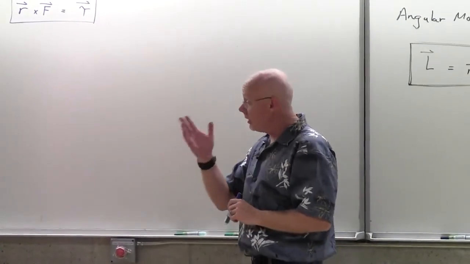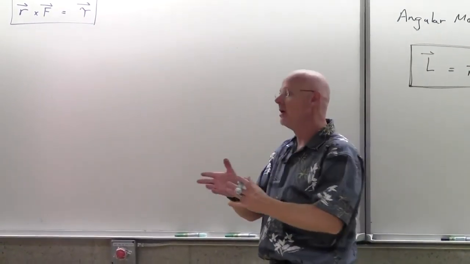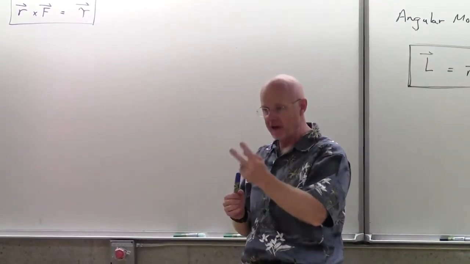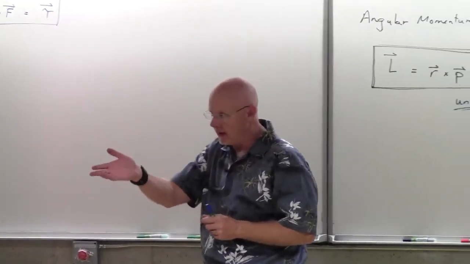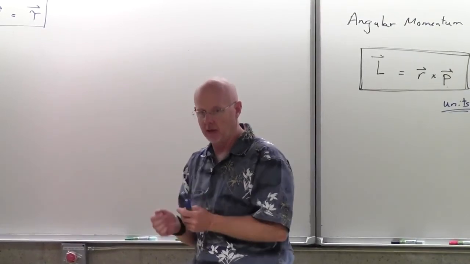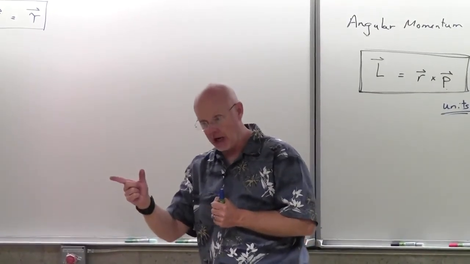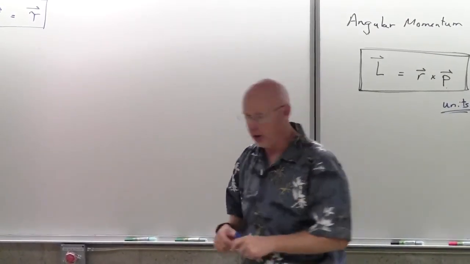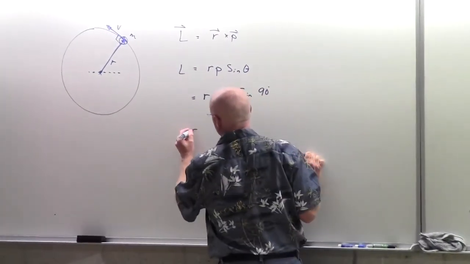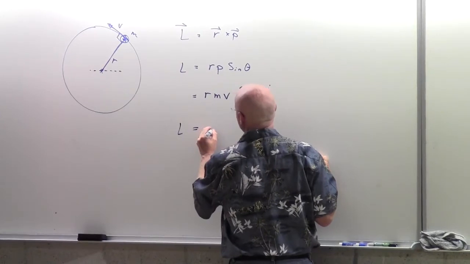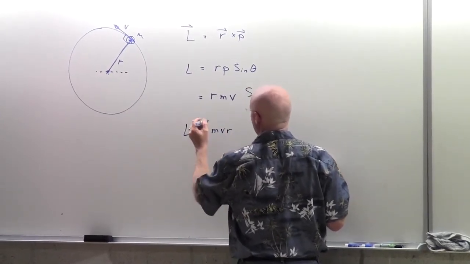And so we've been doing a lot where the torque has been perpendicular. That is, the F and the r have been perpendicular. Here, in my first example of angular momentum, r and p are perpendicular. That will begin to change as we get to harder problems here. And of course, this reduces then to L equals mvr.